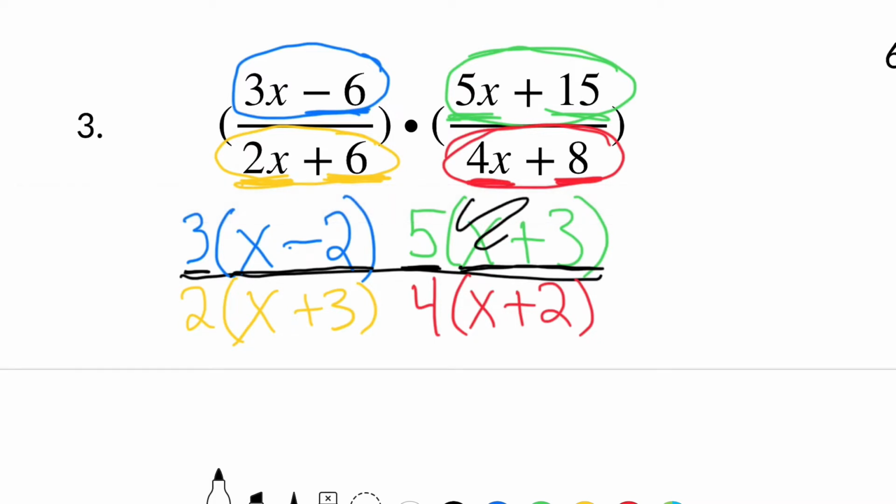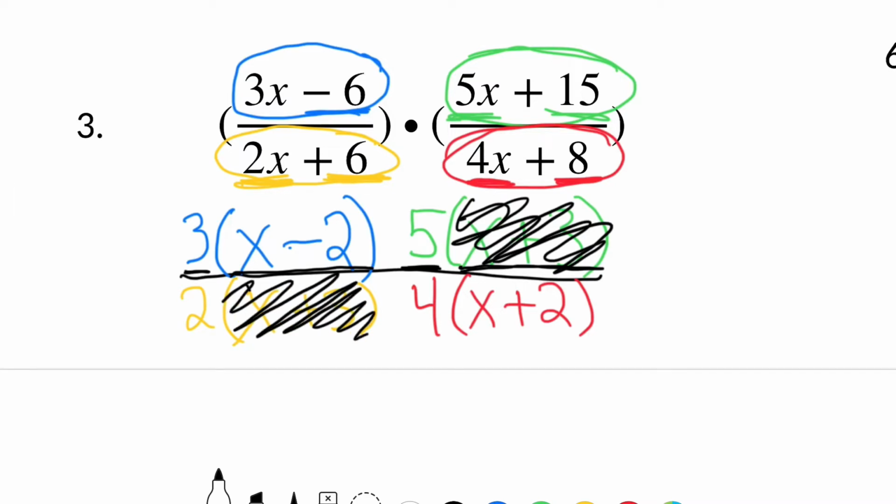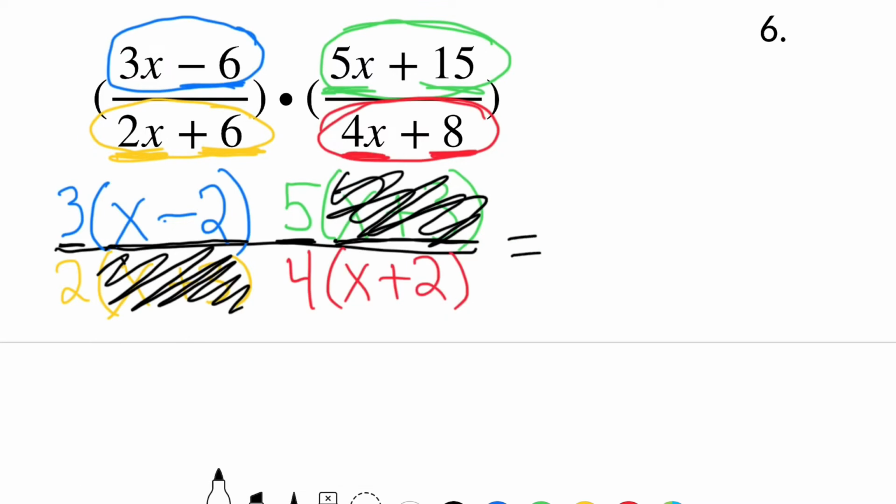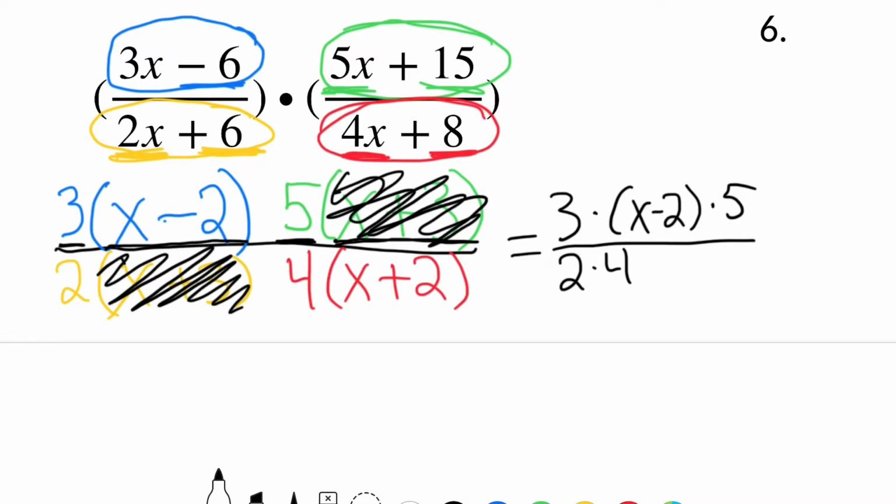Yes. So we can cancel it out. It is no longer there. So we have 3 times x minus 2 times 5 all over 2 times 4 times x plus 2.